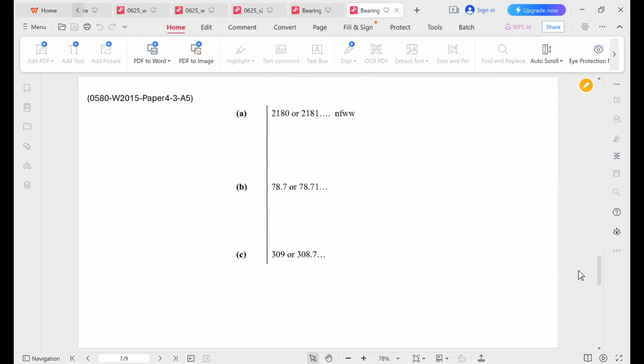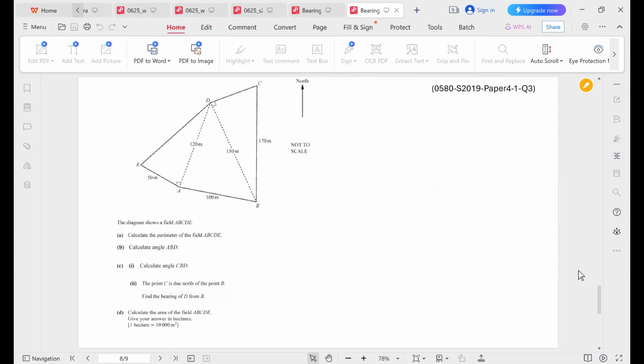So moving on, our final problem in this video. The diagram shows a field A, B, C, D, E. Calculate the perimeter of the field. So in order to calculate the perimeter of the field, we need the sum of the sides. We already have 3 of the 5 sides that we need because the perimeter means that you're walking around the shape.